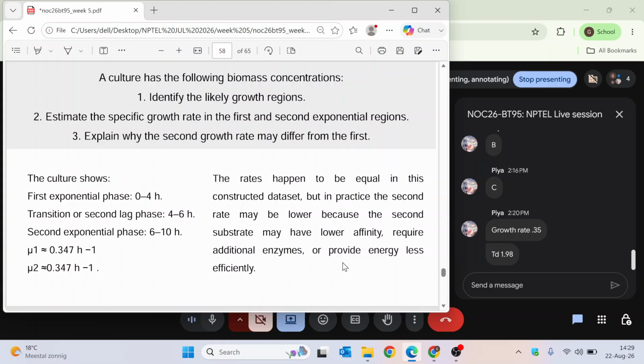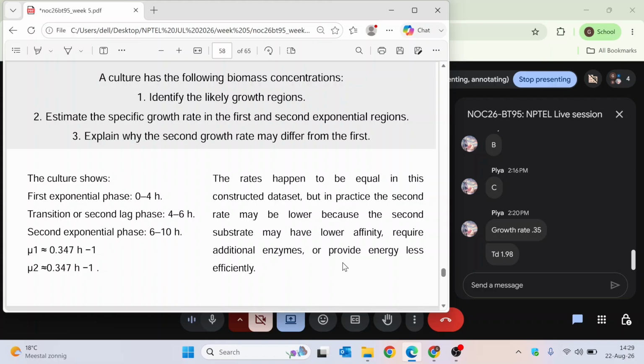So the rate is equal in this given data set, but the second rate may be lower because the second substrate may have a lower affinity. Ideally, when you talk about diauxic growth, you see the first exponential phase attributed to one of the substrates. Let's say we are giving glucose and lactose.